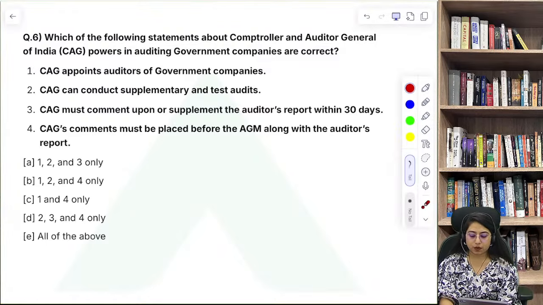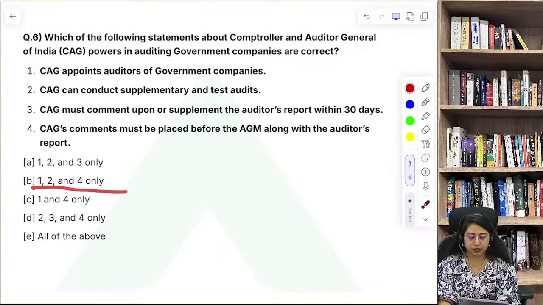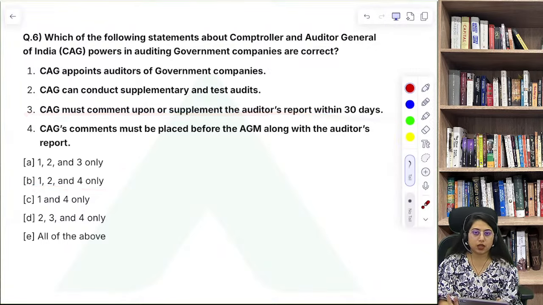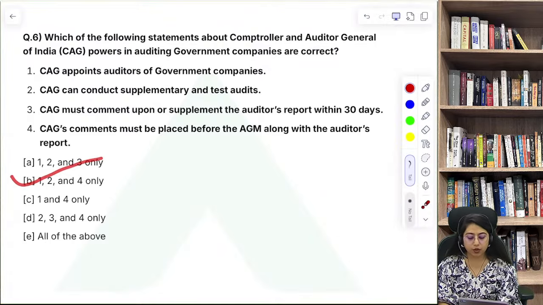Rahul says option B is the correct answer, whereby 1, 2, and 4 are mentioned. Can you tell me why C is incorrect, and what is the correct answer with reference to statement 3? The correct answer is B only, 1, 2, and 4.